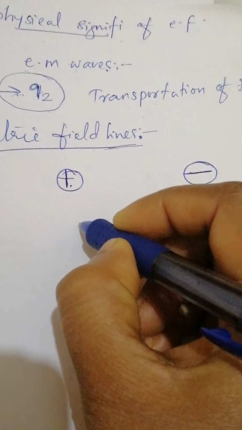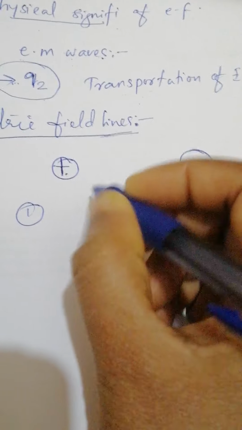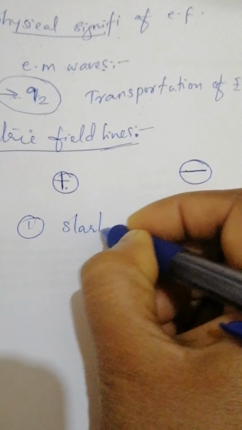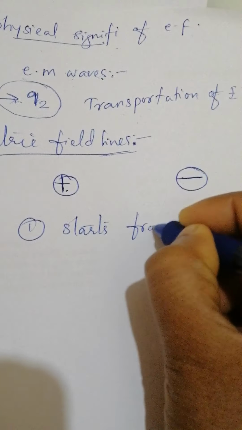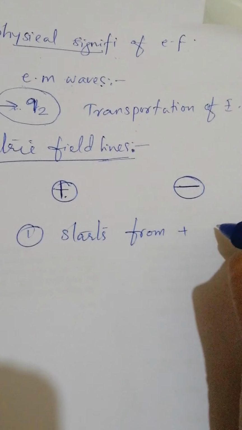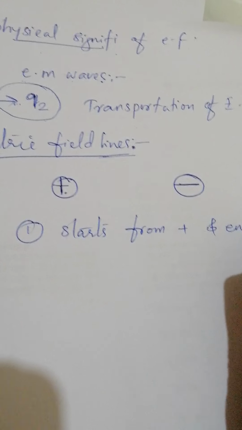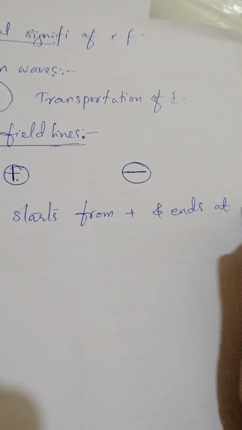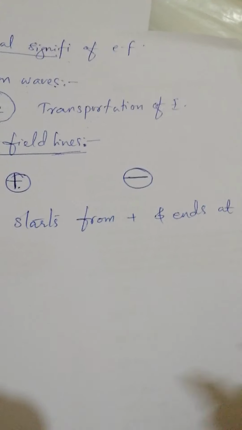First one I have told you, that is, an electric field line starts from positive charge and ends at negative charge.